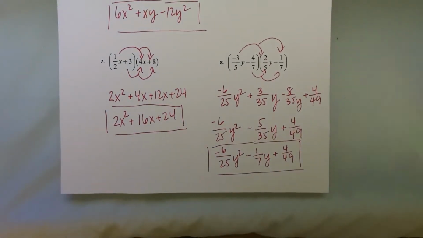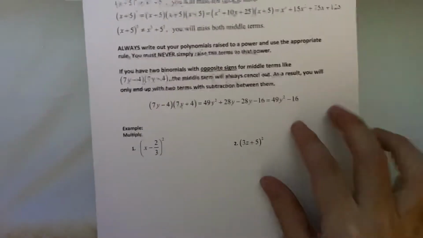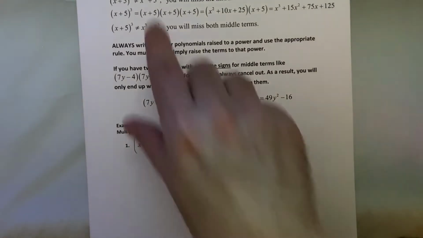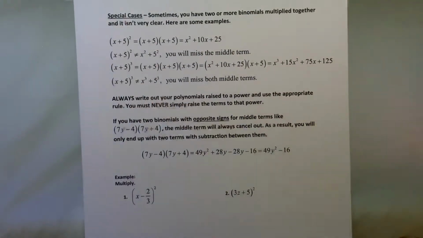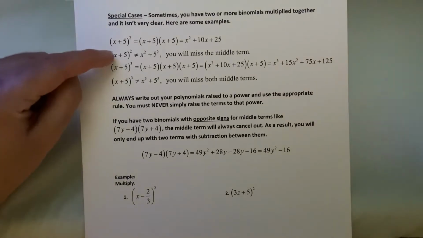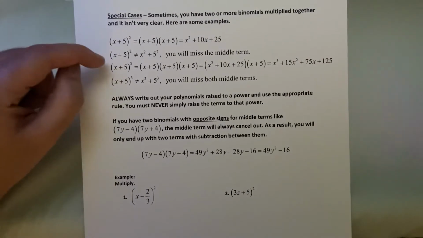Okay, so there are special cases you may come across. When something is squared, that means it's times itself. That means you need to write out two of them next to each other. Don't just square x and square 5. At least 5-6 people will do this on the test every single time.